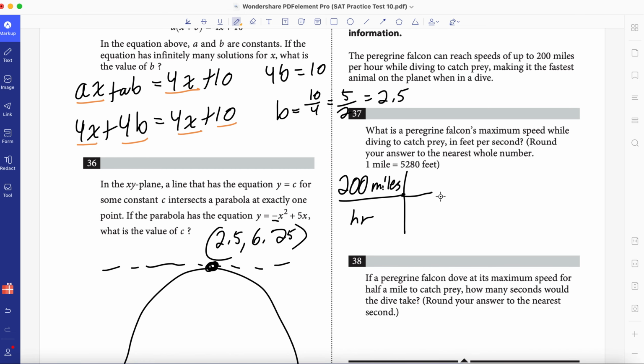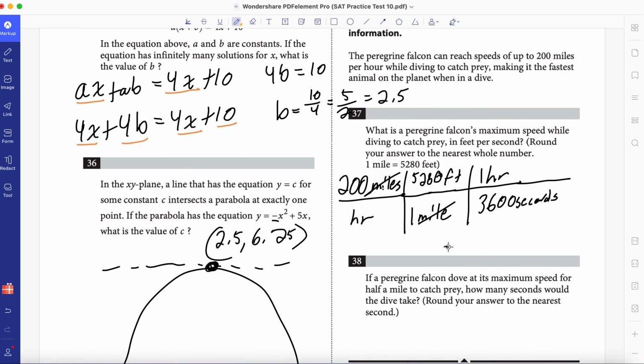If you guys have studied physics or chemistry, you will know what I'm doing. We know that for every 1 mile, there are 5,280 feet, so the miles units cancel. And then for every 1 hour, there are 3,600 seconds.